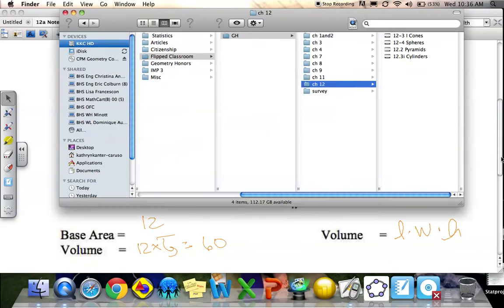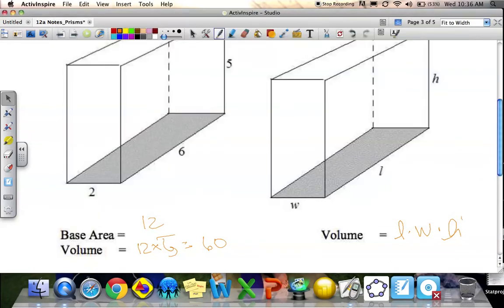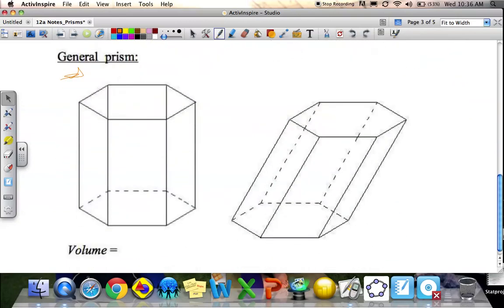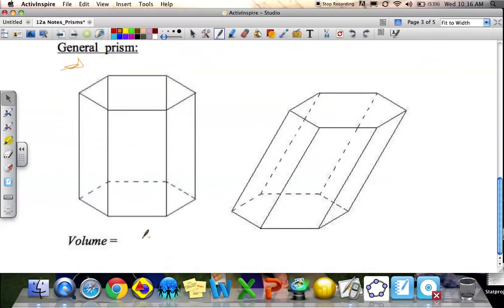In general, which is really what we want, for any prism, the volume is defined as the area of the base times the height. The area of the base times the height. So here, the area of the base would be this down here.